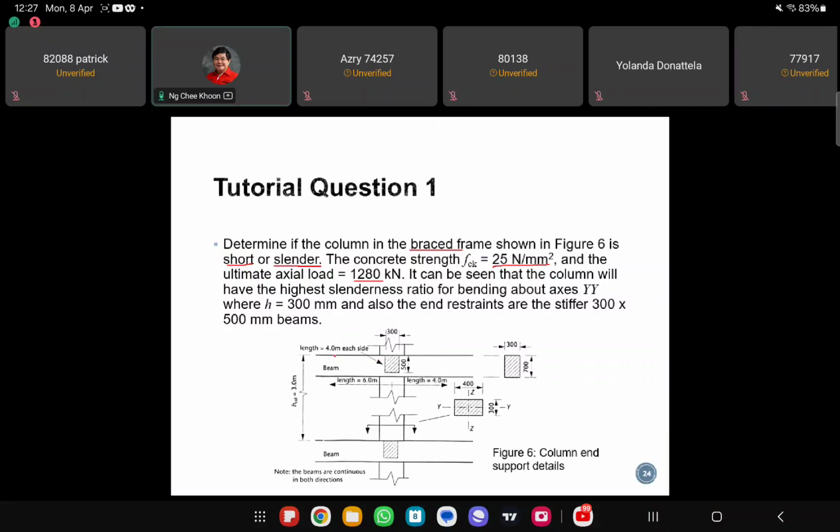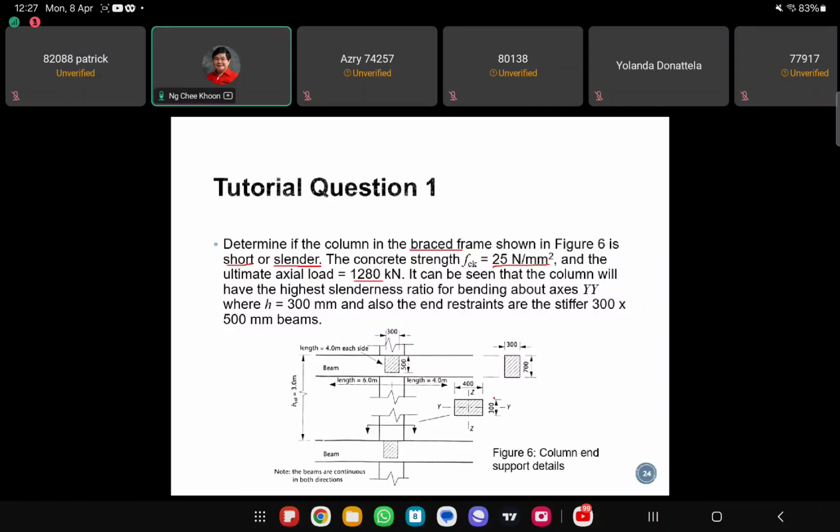So here you have different beam sizes. So this beam depth is 700.